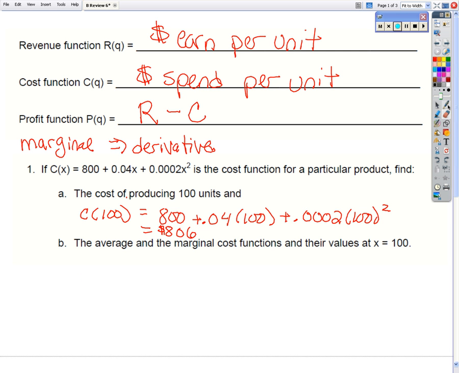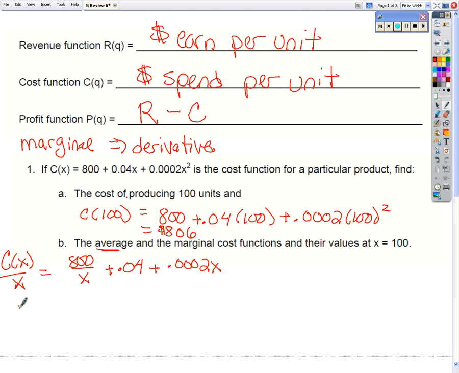So I'm going to divide the cost function by the number of units for the average. So that's 800 over X plus 0.04. The X's will cancel, plus 0.0002X. And then it says their value's at 100.